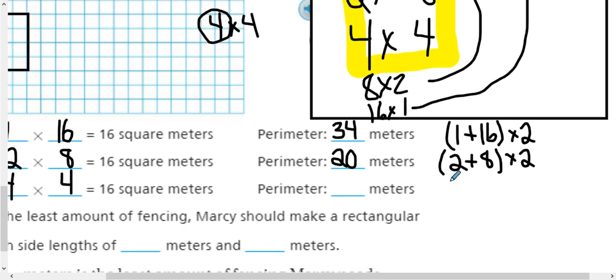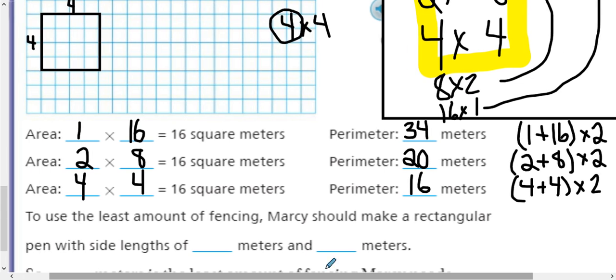But we can go ahead and keep this going down here. All right, add the 2 sides, and then double it. So 4 plus 4 is 8. Double that, and we get 16.